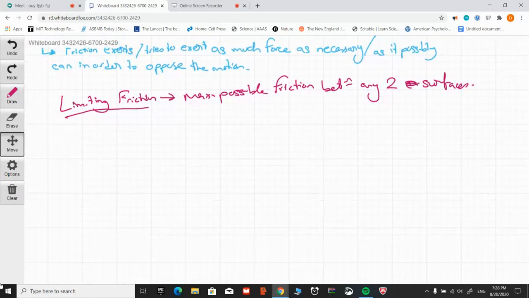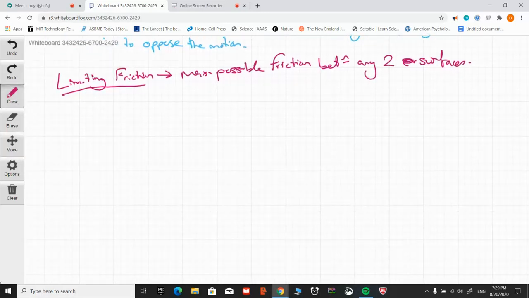Okay. Now, what dictates the value of limiting friction for two surfaces? ঠিক আছে? So limiting friction, let's call that FRLIM, friction limiting, is proportional to the normal contact force.